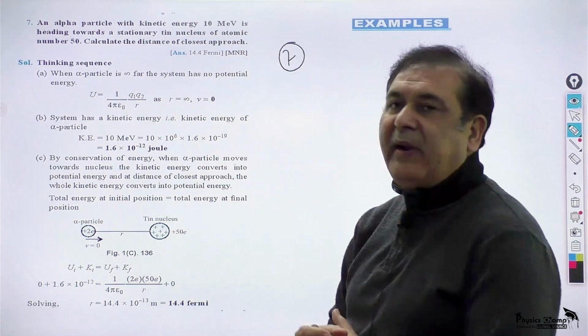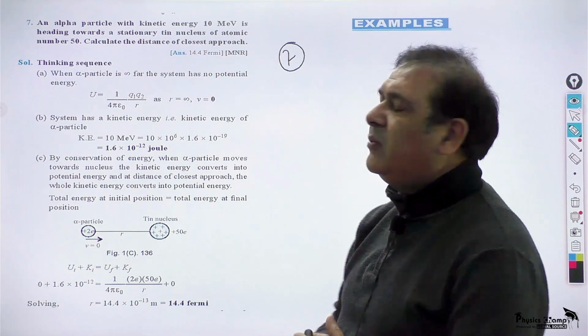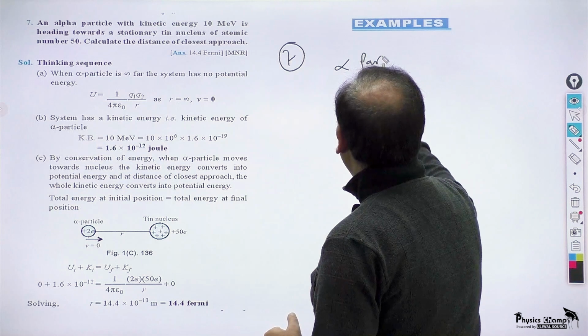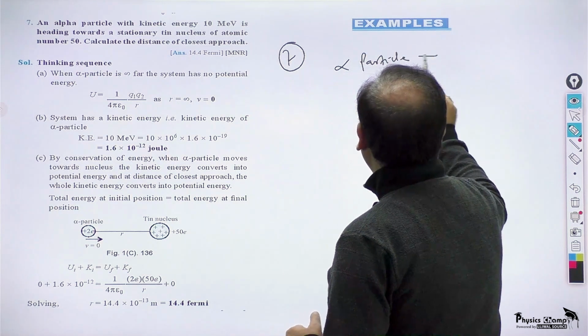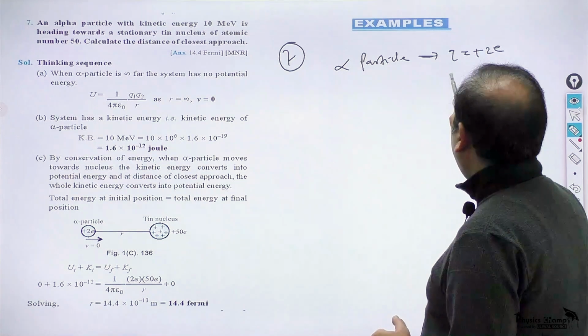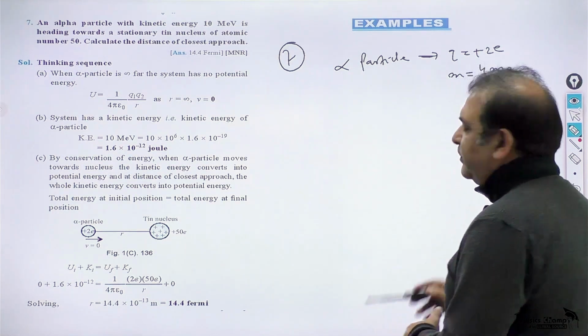An alpha particle with kinetic energy 10 mega electron volt. You know an alpha particle will have a charge which is plus 2e and will have a mass 4 times the mass of a proton.